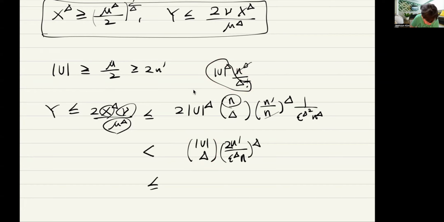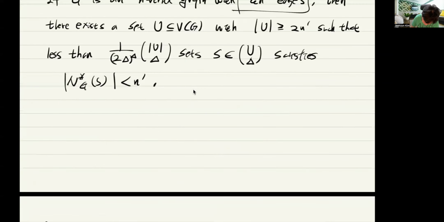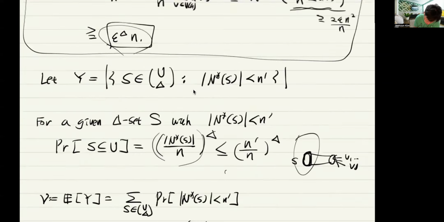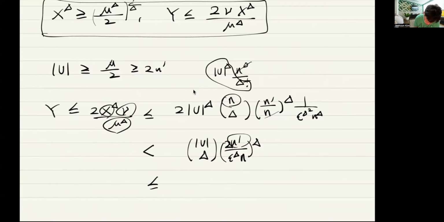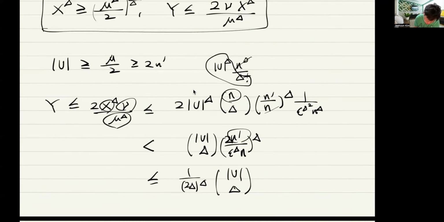Then what? You know n prime is defined in this way. So all the other terms could cancel out, but this term survives. So you can actually show that this is at most this choice.